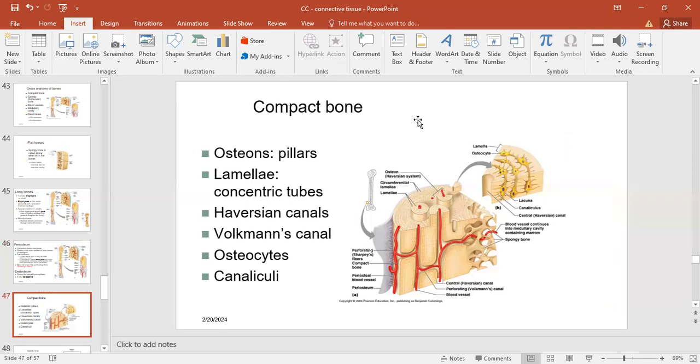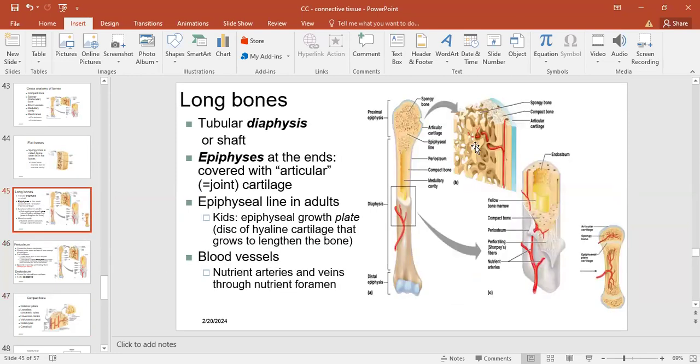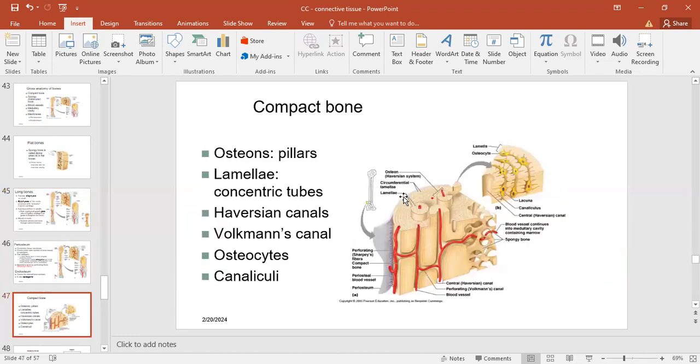We get this picture and we cut off a small piece here. And then from this same piece, we cut off another small piece and we magnify it. When we magnify that small piece, this is what we are going to see. Okay, we are going to notice that we have the periosteum here, which is made up of two layers, of course.